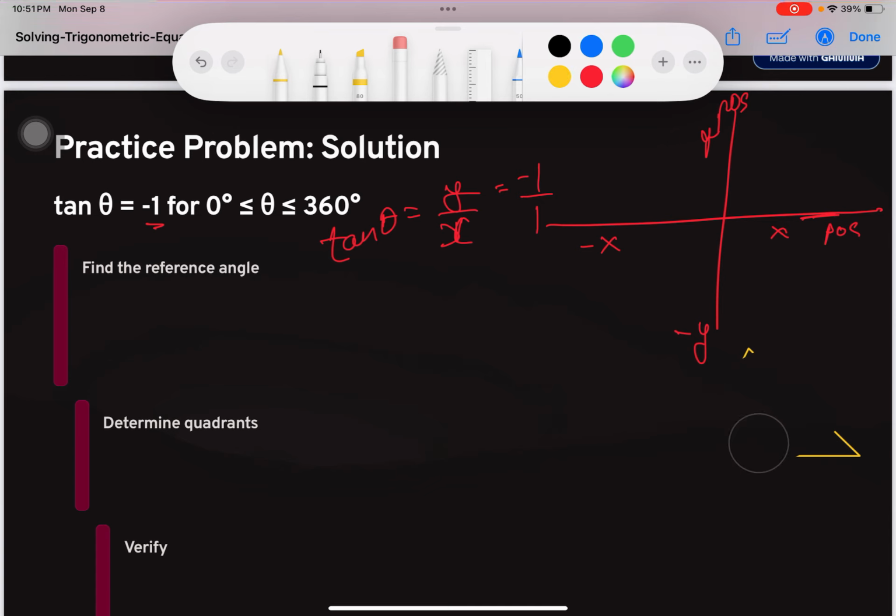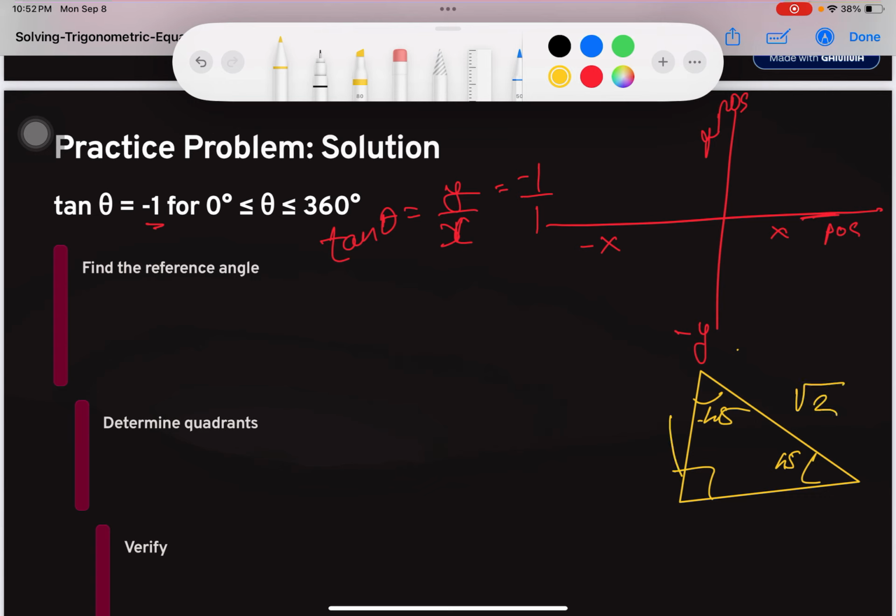Oops, it's not a 30, 60 triangle. It's 1, 1, and 1, 1 is only applicable to the 45, 45 triangle. So this is a 45, 45 triangle, with sides root 2, 1, 1.